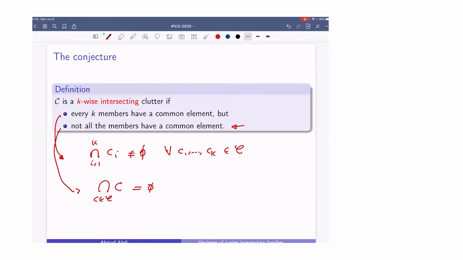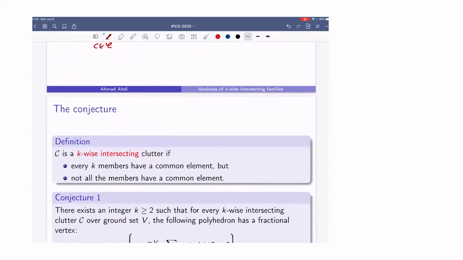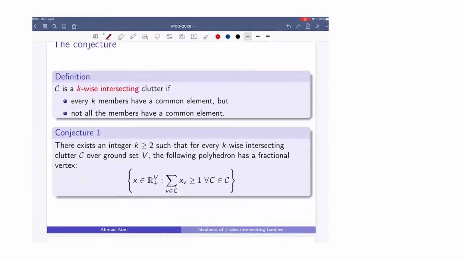Okay, and now I'm ready to state our conjecture. The conjecture is that there is a constant K such that for every K-wise intersecting clutter over ground set V, the polyhedron that I have here has a fractional vertex.